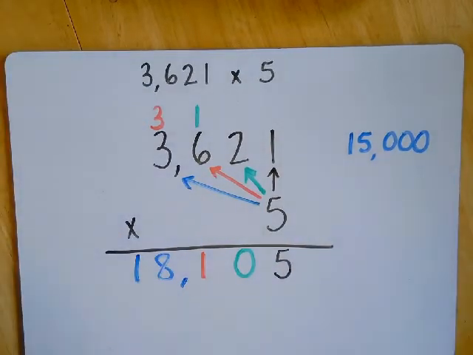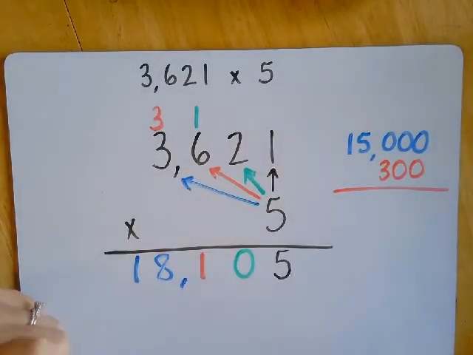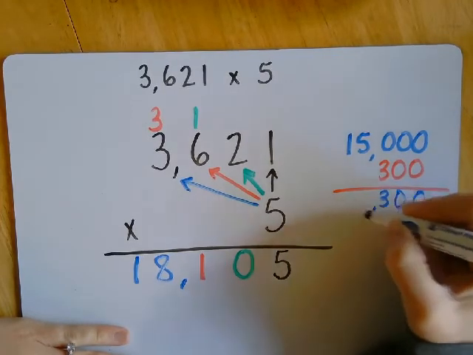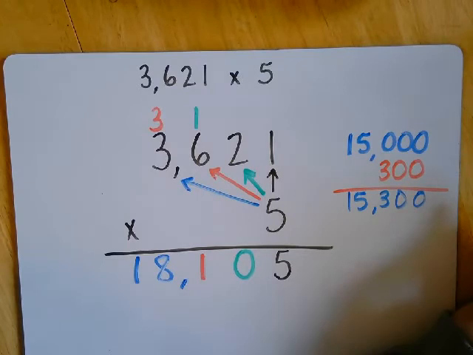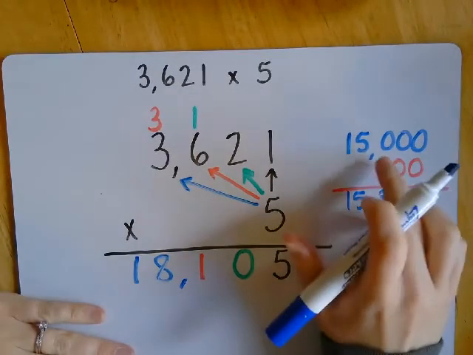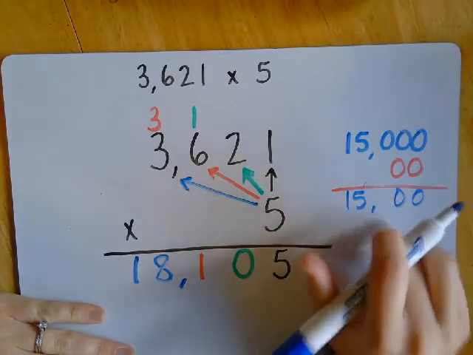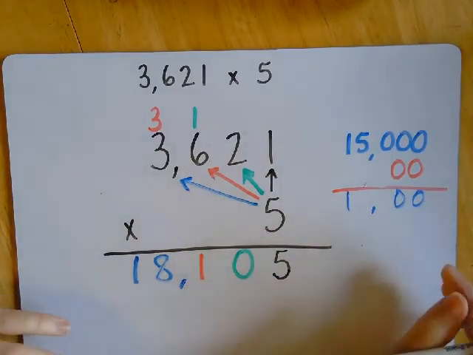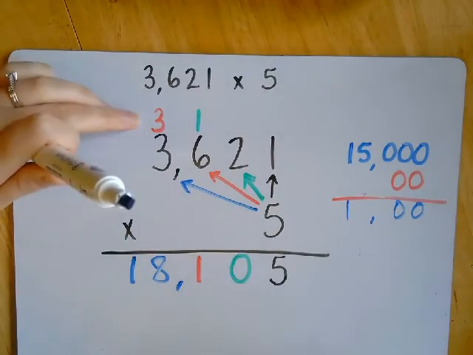And then I'm adding that 300 from the previous problem, to get my answer of 15,300. Oh, I'm so sorry. That didn't make any sense. I'm adding 3,000, not 300.